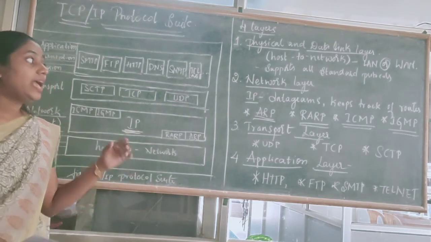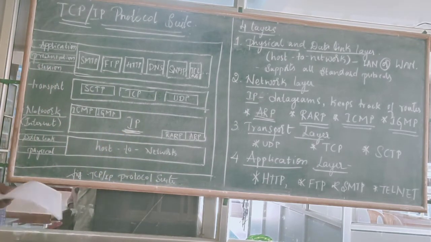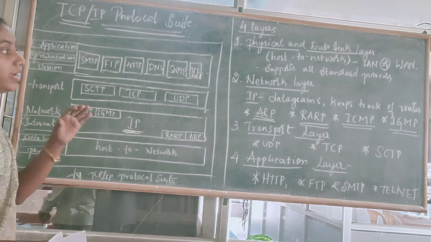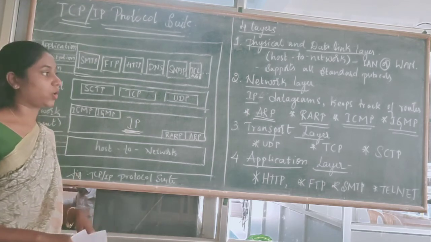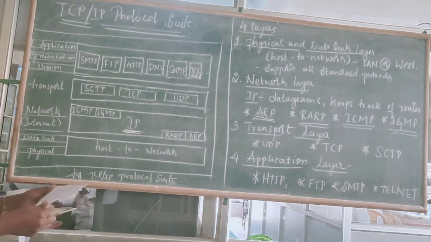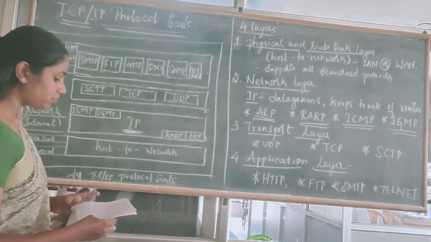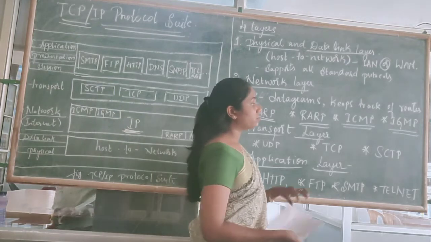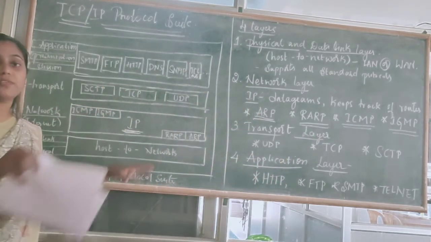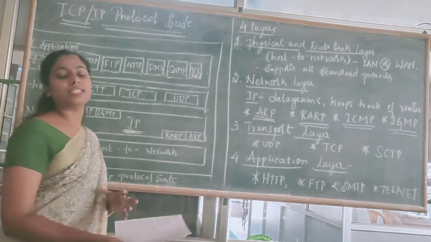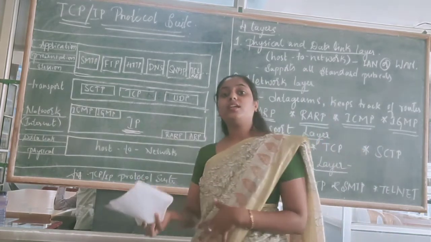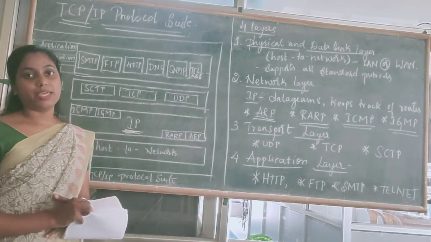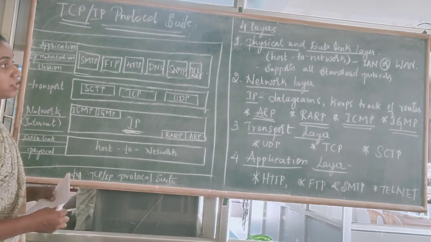So if you want to send a message to a group of recipients, to many people together at once, it is enabled by this IGMP. It supports sending a message to a group of recipients. Okay, next, so this is about the network layer.